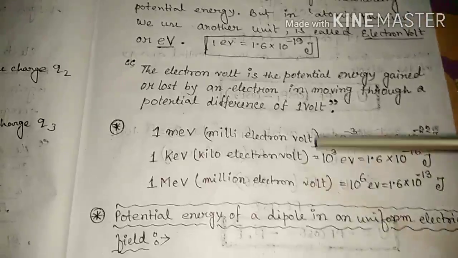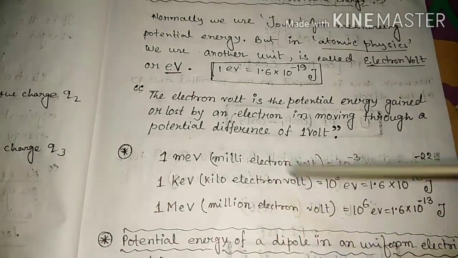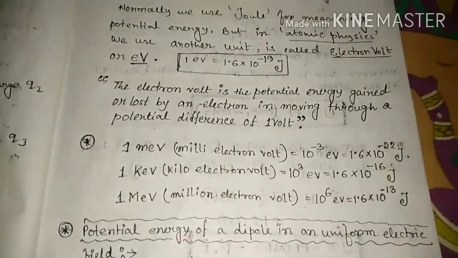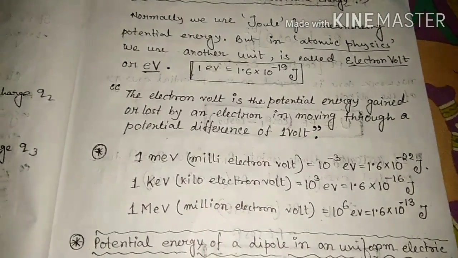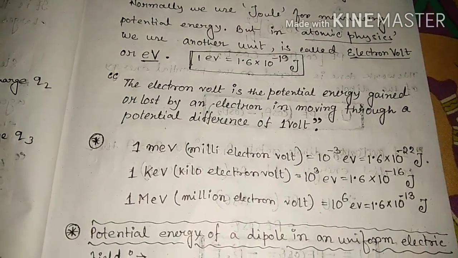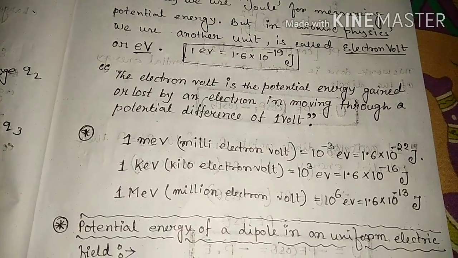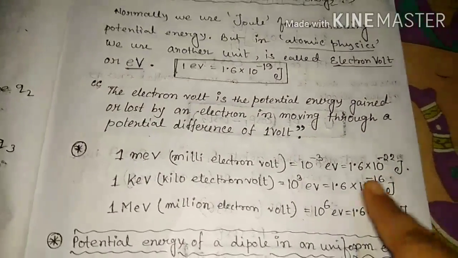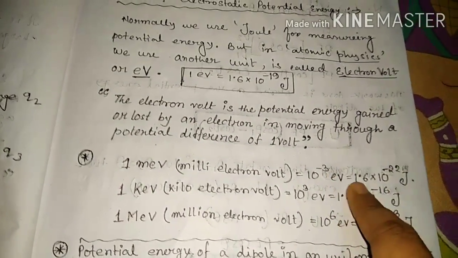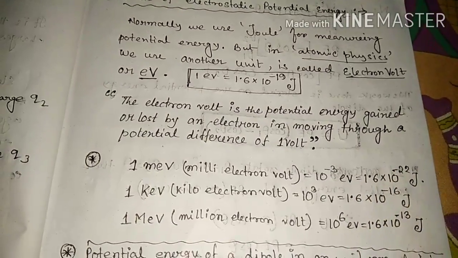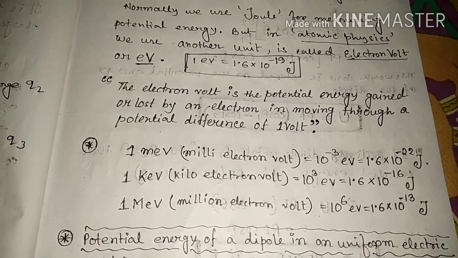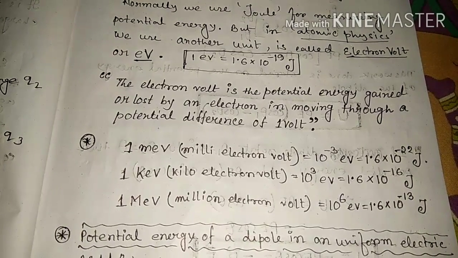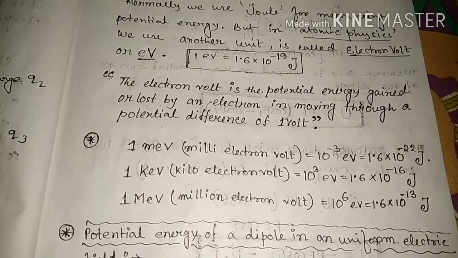Now a few other units are also used for calculating potential energy. 1 meV, milli electron volt, equals 10 to the minus 3 eV, which in joules is 1.6 into 10 to the minus 22 joule. keV, kilo electron volt, equals 10 to the power 3 eV, 1.6 into 10 to the minus 16 joule.